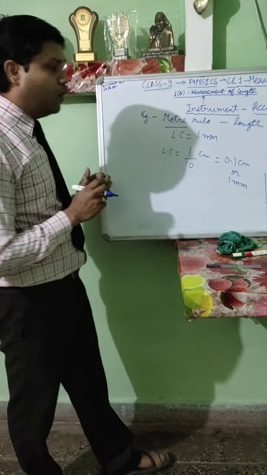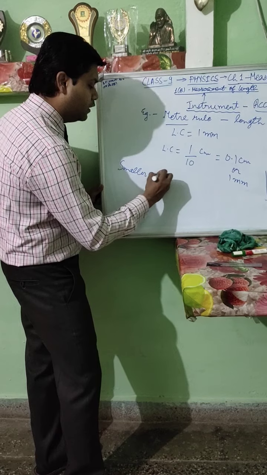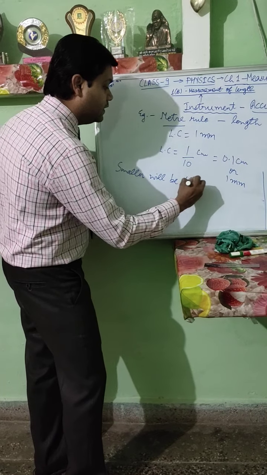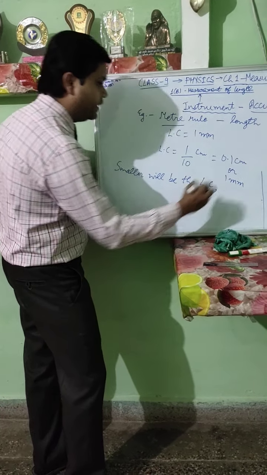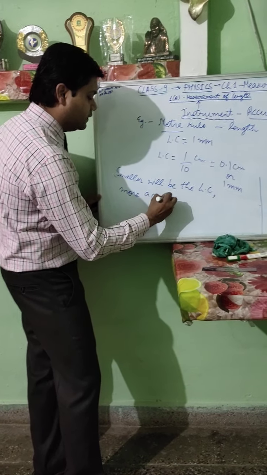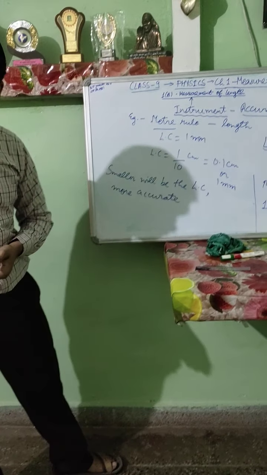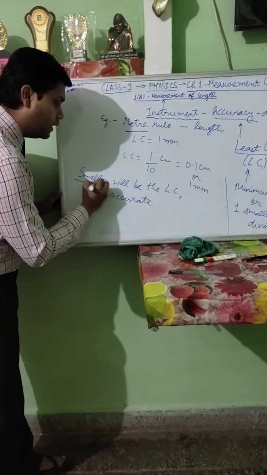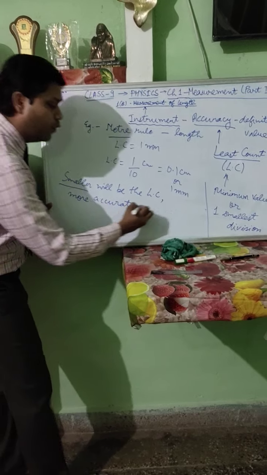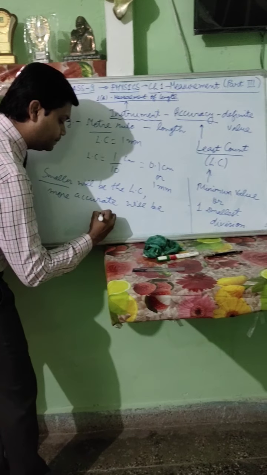The smaller the least count of an instrument, the more accurate will be the results, or we can say the more accurate will be the measurement.